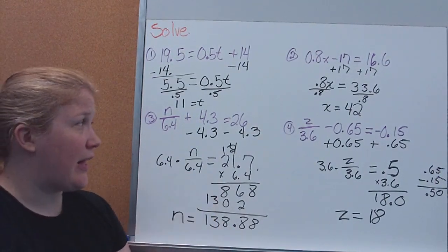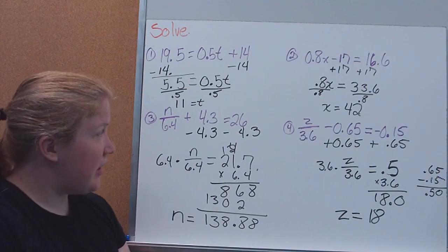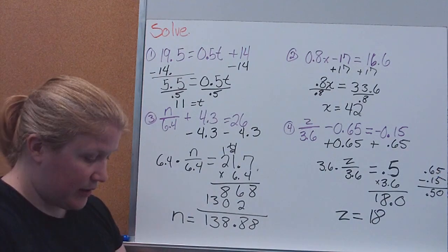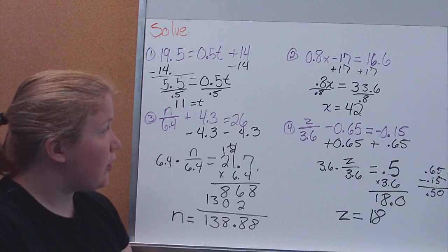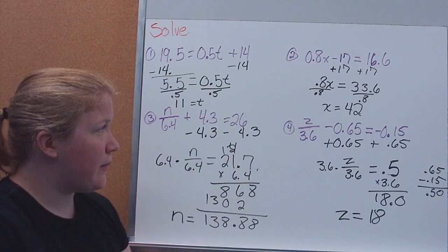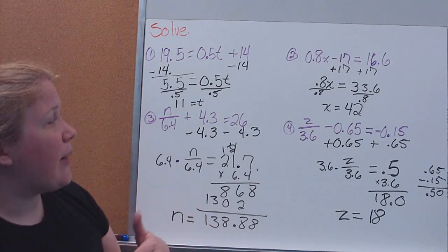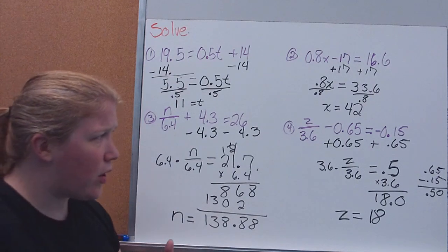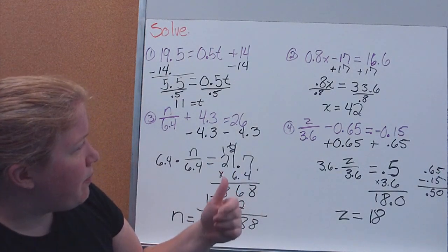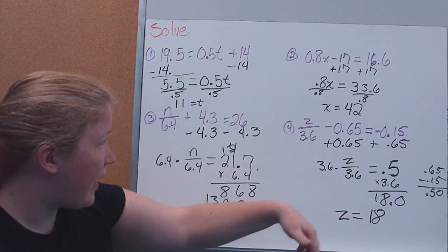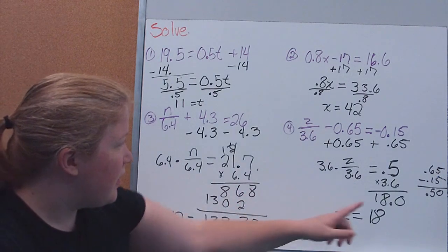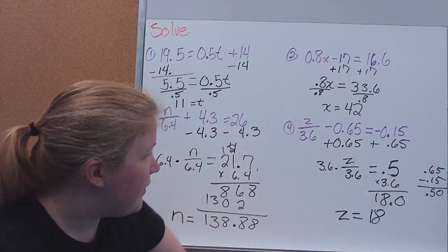Now again, I'll plug that in and I'll check it. 18 divided by 3.6 minus 0.65 gives me the same number. So again, I'm going to go back. I probably misadded somewhere along the way. 0.5, that is correct.